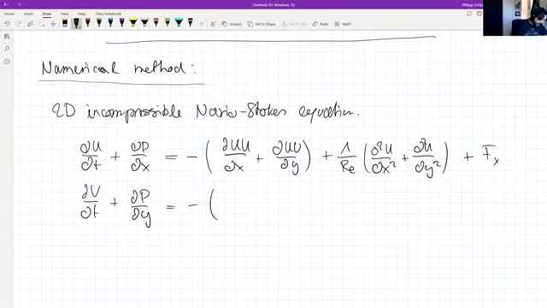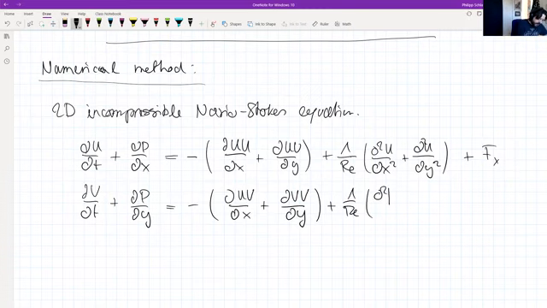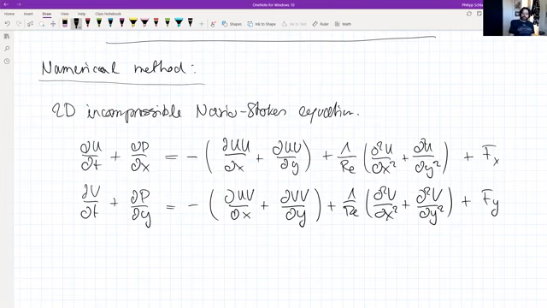That is the same as d(uv)/dx, sorry, dx plus d(vv)/dy plus 1 over Reynolds times d squared v/dx squared plus d squared v/dy squared plus fy. So these are the two momentum equations that I would like to solve.